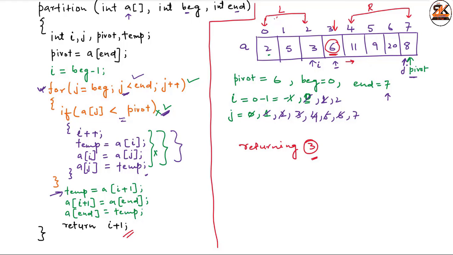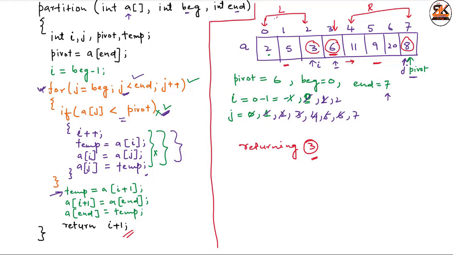Again, we have to call this quick sort algorithm, and the partitioning will be done on the left sublist and on the right sublist. In the left sublist we will choose this 3 as pivot element, and this 8 as pivot element in the right sublist.